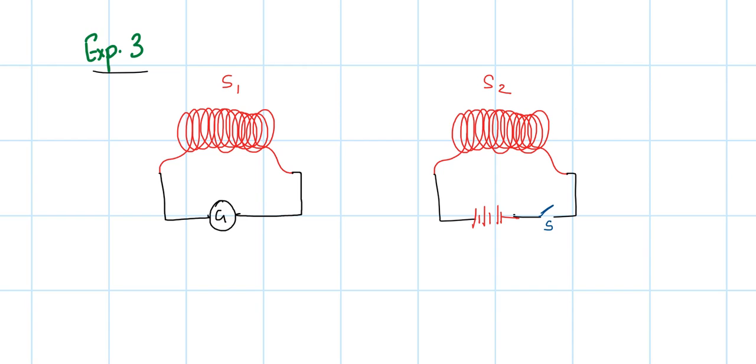when you complete the circuit of the coil S2 using the switch S. As soon as the switch S is turned on, the magnetic field through the solenoid S2 starts increasing.